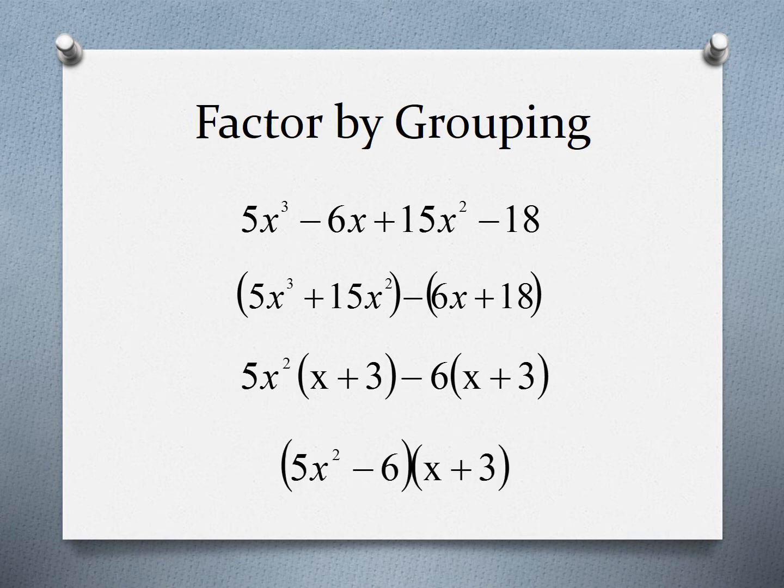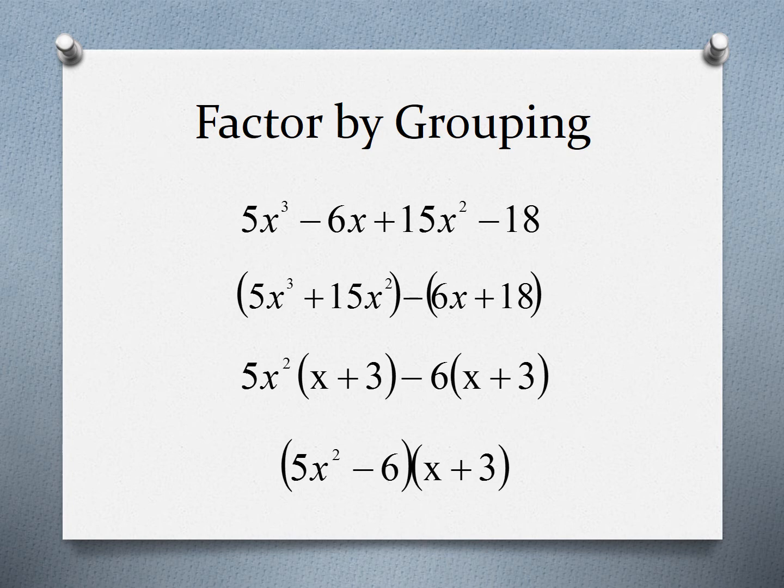And then lastly, I'm going to join the coefficients that we have there of the binomial x plus 3. And so my first coefficient is 5x squared, and then my second coefficient is minus 6, so I'll join those together. And then I demonstrate that I've left back an x plus 3, and so I sit that in a binomial term beside it.